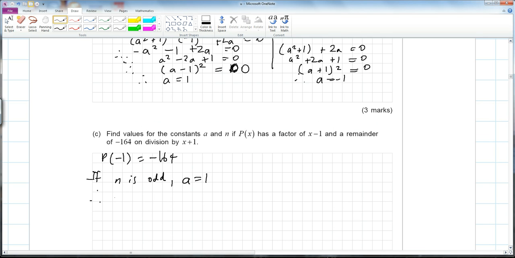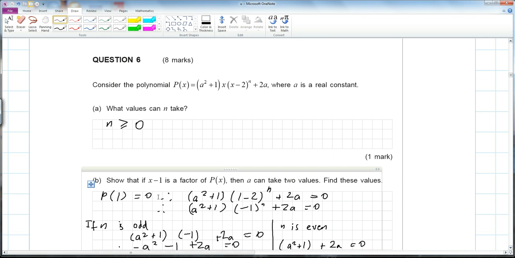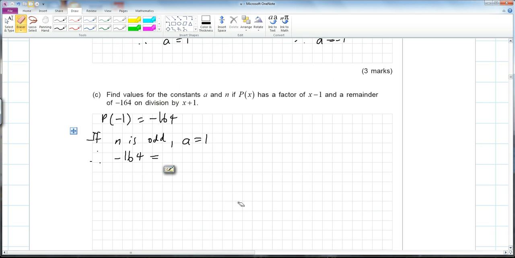Therefore, minus 164, substituting back into this original polynomial up here, we've got 1 squared plus 1 times minus 1, and then minus 1 take 2 to the power of n plus 2.